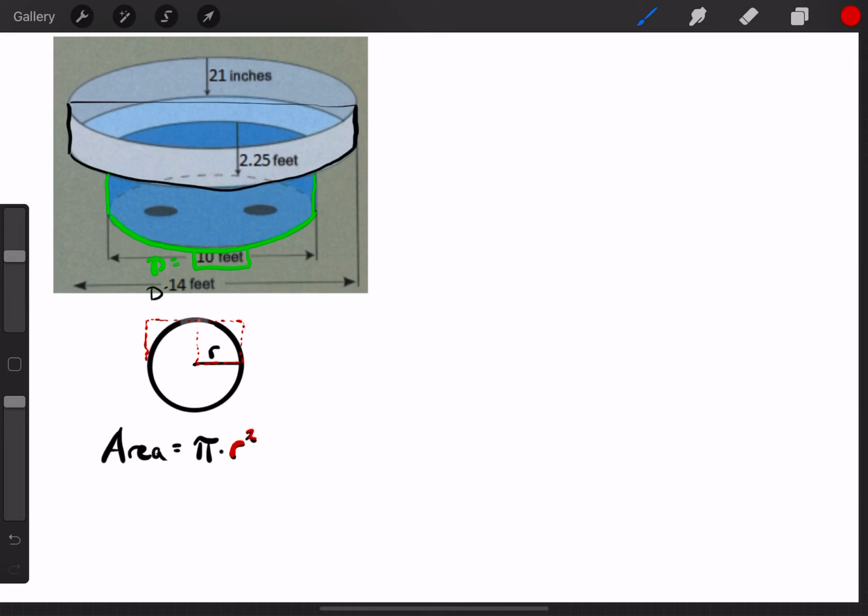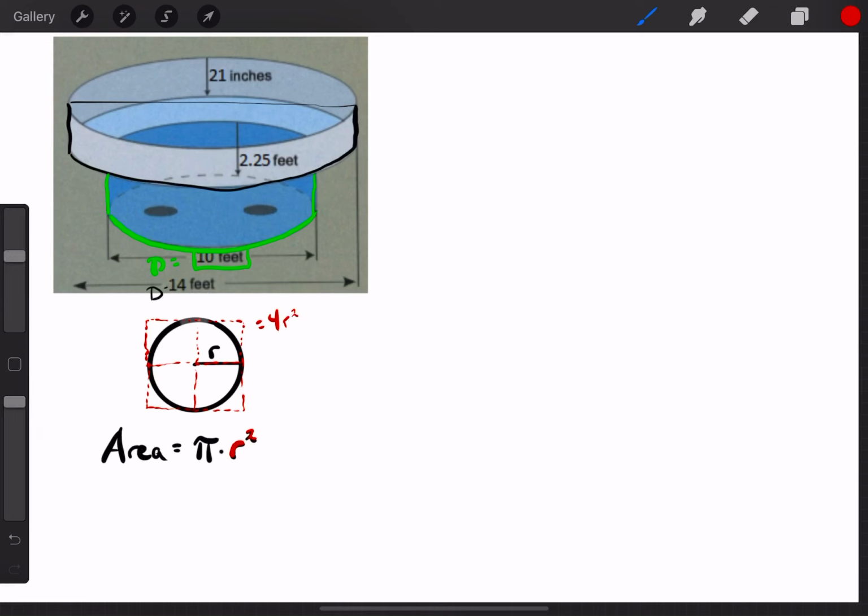Well, I should say, if we had four r's, if we had four full boxes, we would for sure capture the entire area of this circle, right? We kind of trapped this circle inside of this box that is 4r squared.